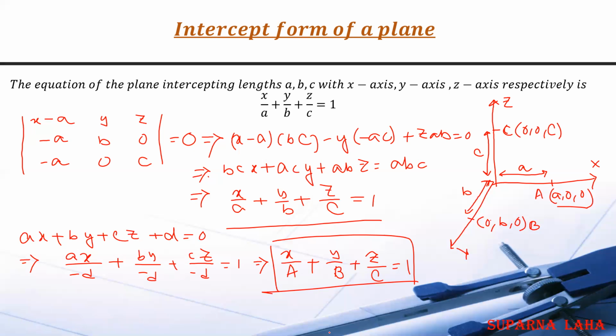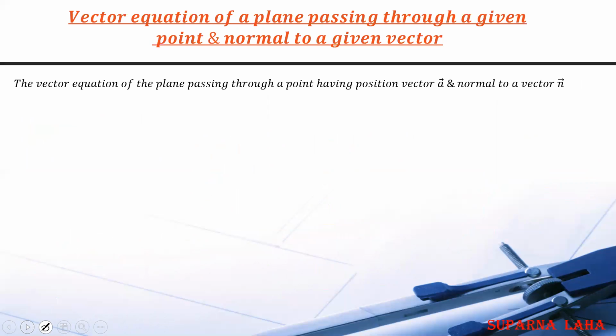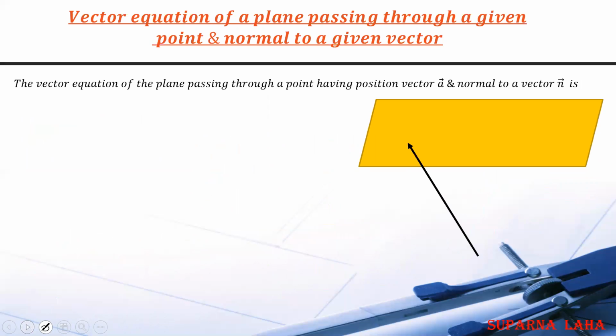Now moving to the next point, that is the vector equation of the plane passing through a given point and normal to a vector. So taking that the position vector of the point is a and it is normal to the vector n. So taking the plane, and this point is A whose position vector is vector a.